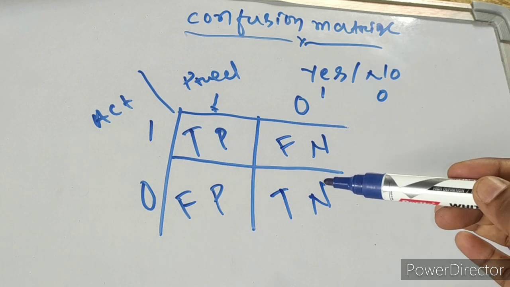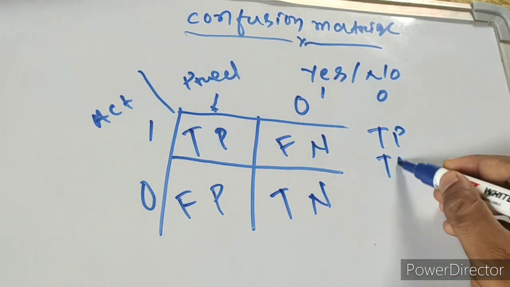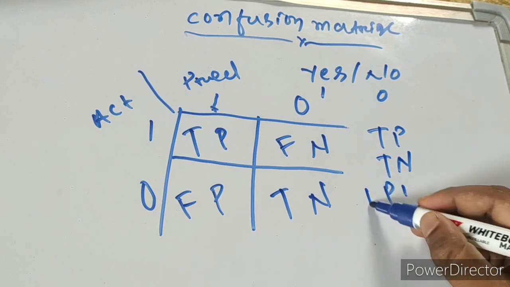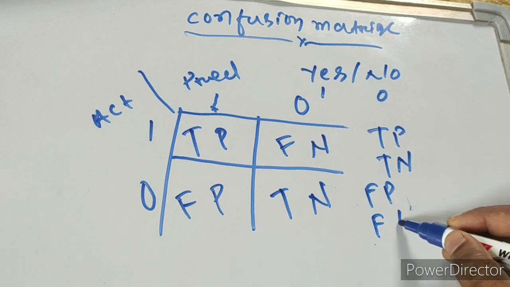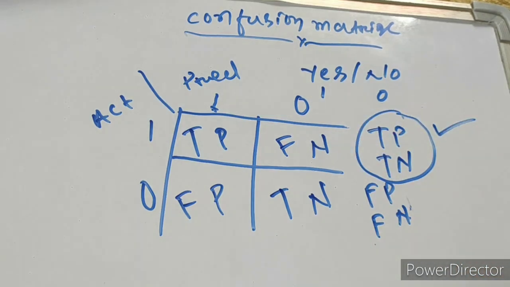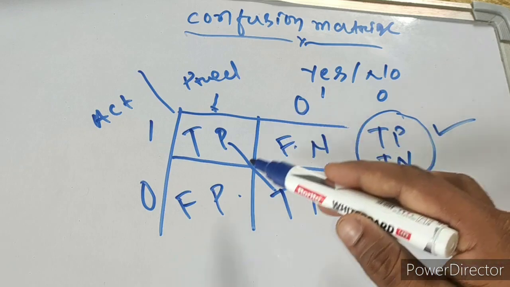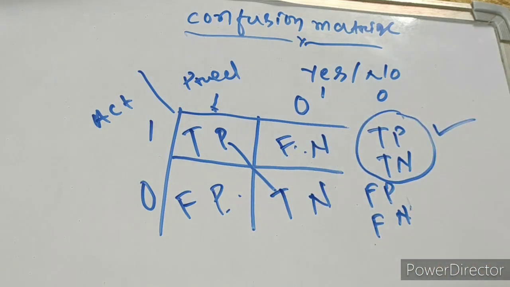So there are 4 options we have received here: true positive, true negative, false positive and false negative. These are the 2 things which are correctly classified. If it comes under true positive, it's okay. If it comes under true negative, it's also okay, the diagonal. But these 2 things are quite dangerous. How and why those are dangerous, I'll explain.